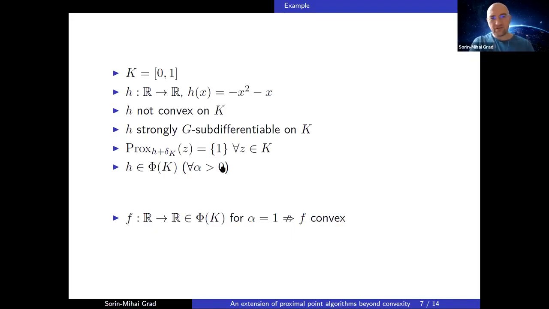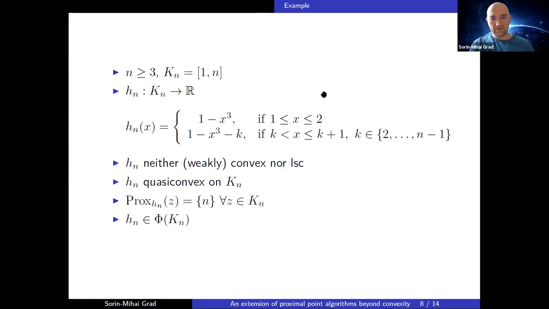And this function is also weakly convex in the sense, there are different definitions for weakly convex functions in the literature, but in the sense considered in the proximity world, if you want. But there are also examples which are not weakly convex in this set, but still prox-convex. For instance, such a function, or actually a family of functions, because of course we have here also the set defined by means of an n, which is a natural number.